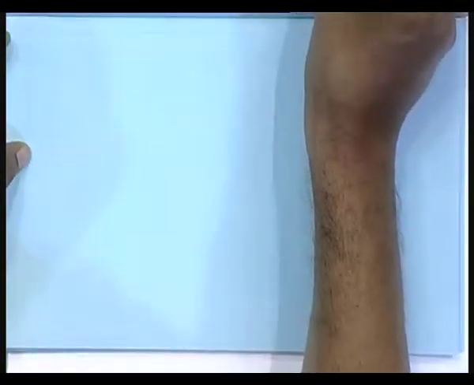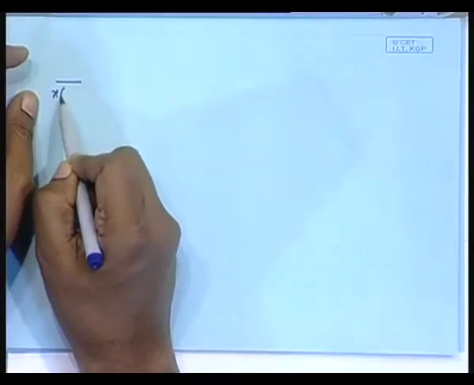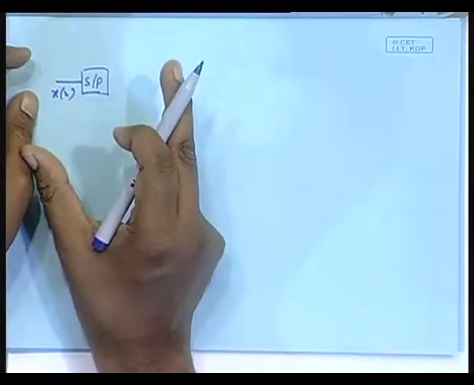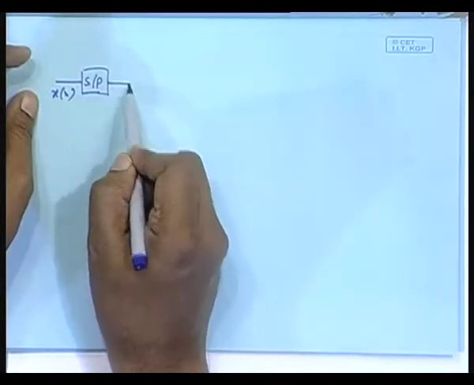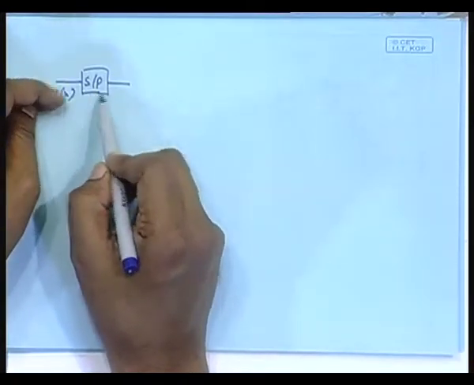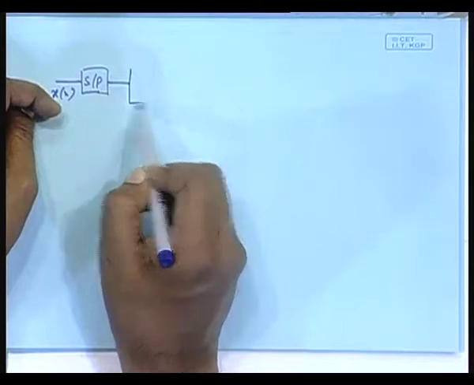How will you do this business? The input x n is coming, you do this initial part serial to parallel. Okay. Serial to parallel and then buffer.